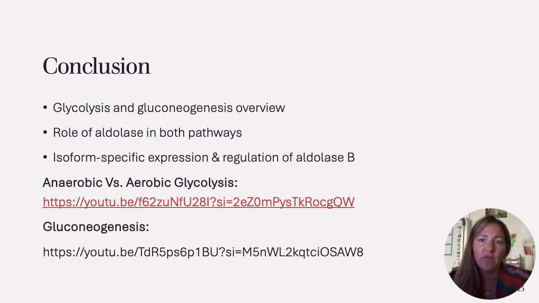To summarize, we covered glycolysis, gluconeogenesis pathways, the roles of aldolase in those pathways, the different isoforms of aldolase, and how transcription factors regulate aldolase B. This understanding is essential for appreciating how our bodies manage energy production and glucose homeostasis. This information is also key to understanding what happens throughout the body when there is a dysregulation of those aldolase isoforms, and why it's vital to study the systems that they are associated with.